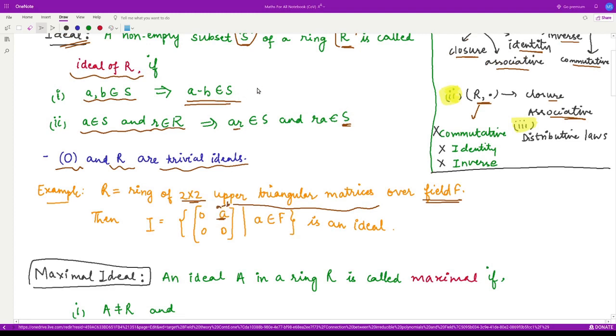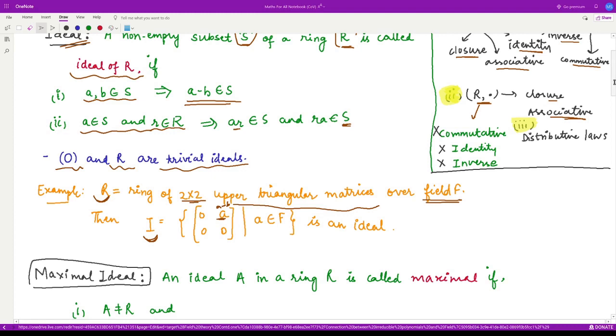So the first property is satisfied like this. Similarly, if you take one element A from the set I, and one element from the ring R, then you multiply these two, you will again get an element of this form only, right? So I is an ideal.